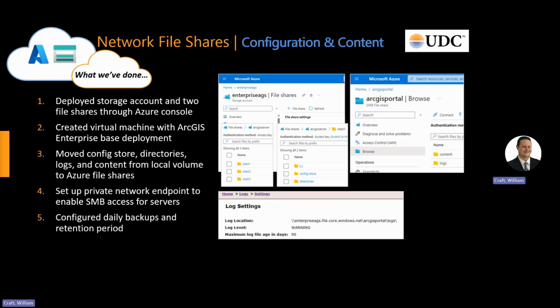After creating a file share private network endpoint to allow that SMB access from the base deployment virtual machines, we configured daily backups to an Azure Vault and set up a retention period. During our configuration and testing, we found Azure file shares to be highly available and flexible for DR purposes because they span multiple zones and replicate nicely to other regions.